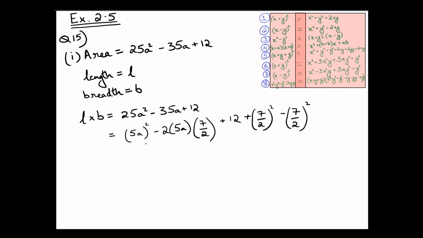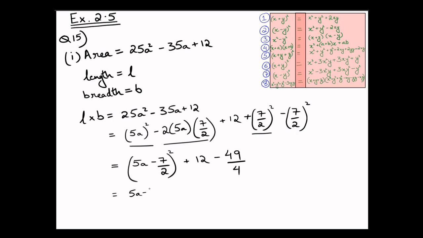Since I've added it to this equation, I can take the first term, second term, and the fourth term, and combining this, I will get 5a minus 7 by 2 whole square. I've factorized this part, but I'm also left over with plus 12 minus 7 by 2 whole square, which is 49 by 4, right? Now let me simplify this a little further.